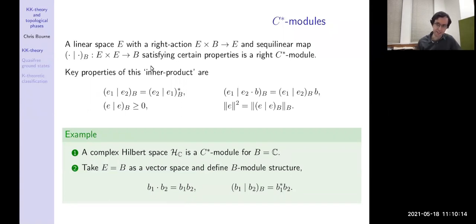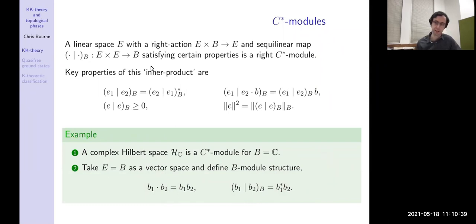A slightly, but only slightly, more non-trivial example is where I take just the algebra B itself as the vector space, and then I define a right action by right multiplication. And then I define an inner product by, again, multiplication, but because it's sesquilinear, there's an adjoint on the left.